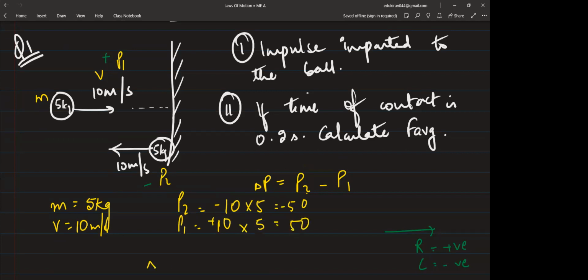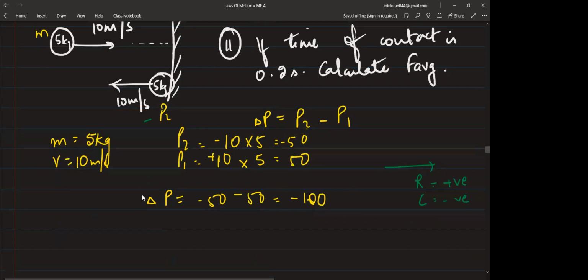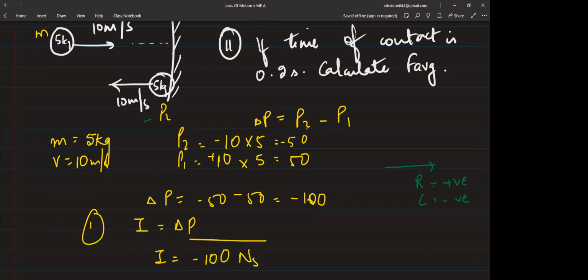Now, when we calculate the change in momentum, P2 means minus 50, minus P1 means minus 50, that is minus 100. Impulse is the change in momentum. So impulse is equal to minus 100 Newton seconds. This is the first part.